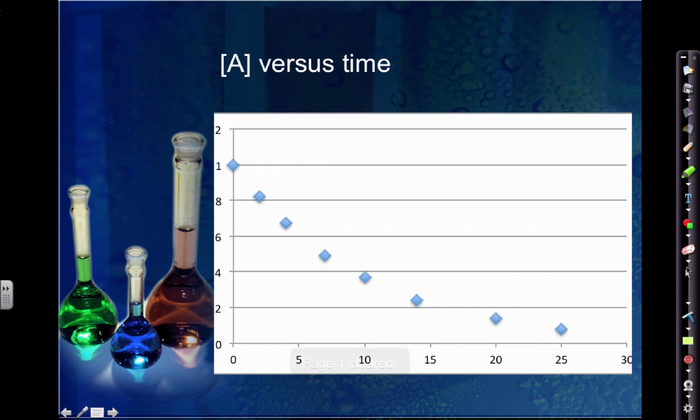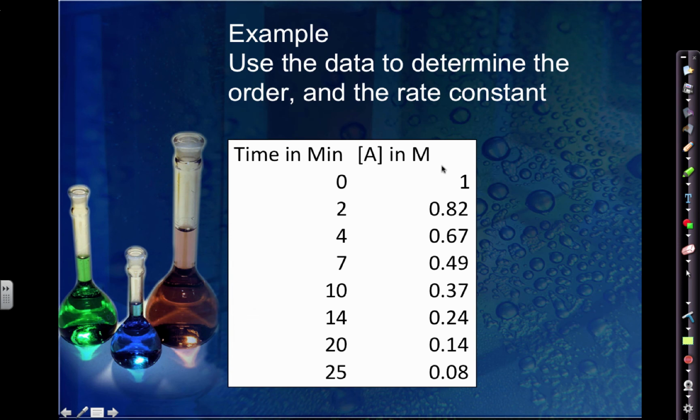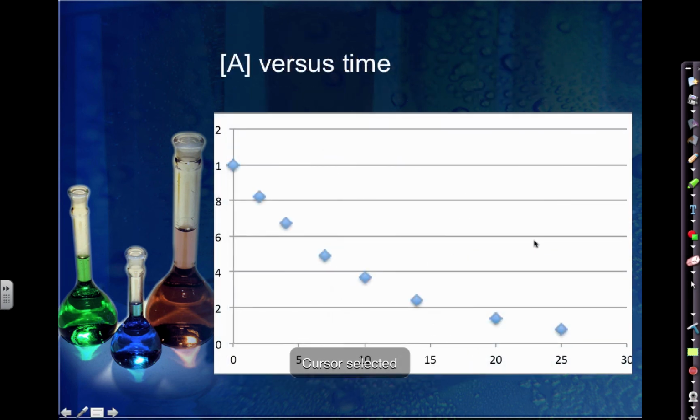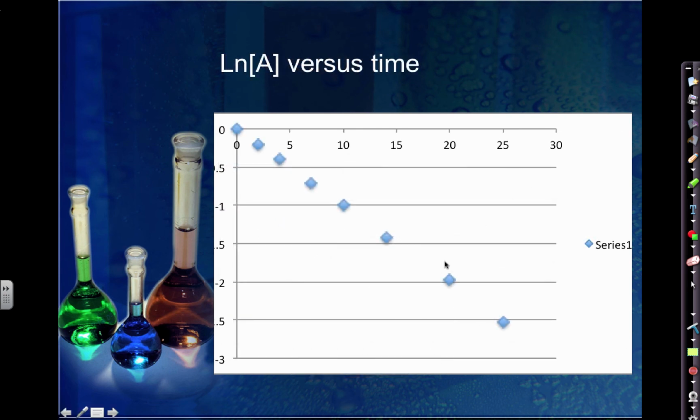So what I need to do now is take the concentrations that I was given in the data, and I take the natural log of those. So I take ln of A and then get some data points. And then once I do that, I can plot this versus my time. And if I do that, I get a straight line.